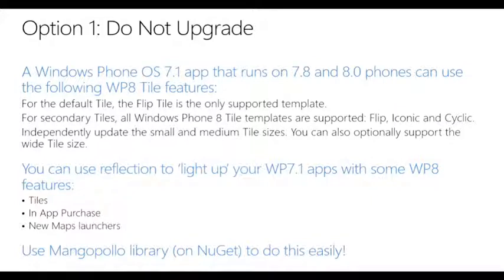And you can do this using a technique called reflection, which is a messy coding technique that allows you to see whether your 7.1 app is running on a 7.8 or an 8 device. It basically looks for the presence of a particular assembly in the core libraries. And if it finds it there, then it can invoke the tile APIs.